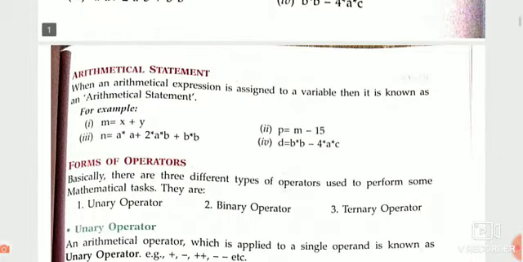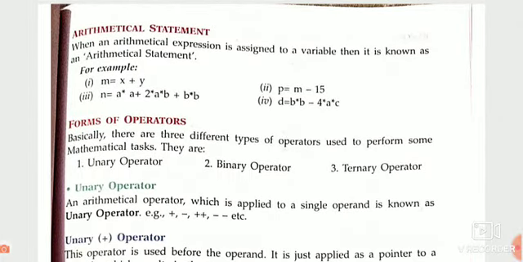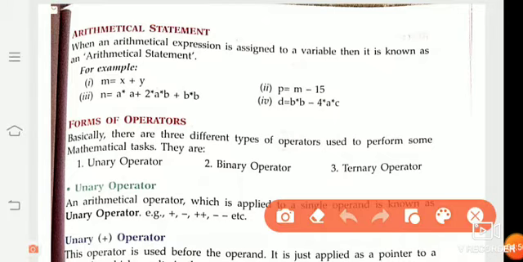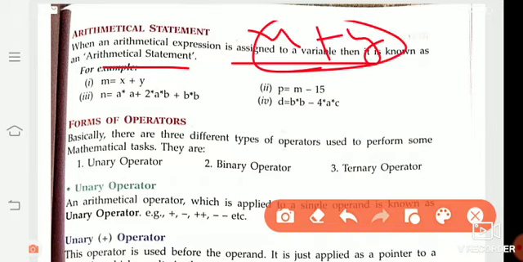Okay beta, now what is an arithmetical statement? When an arithmetical expression is assigned to a variable, that is known as an arithmetical statement. Like x plus y is an arithmetical expression, but we write p is equal to x plus y.